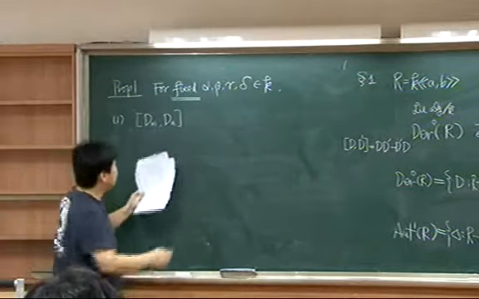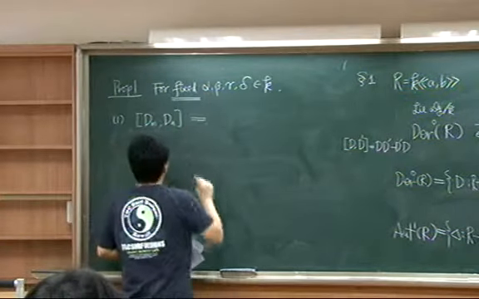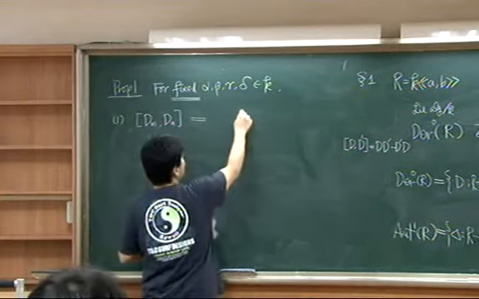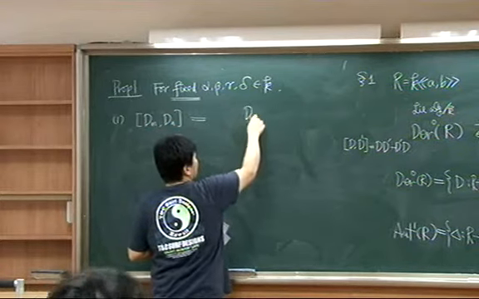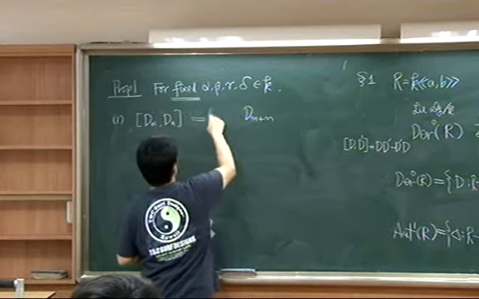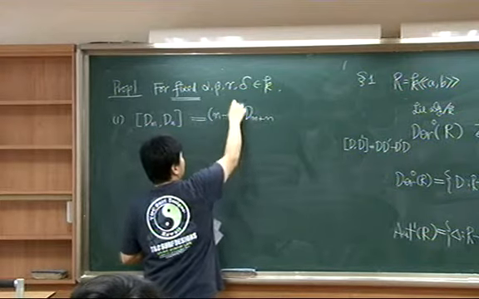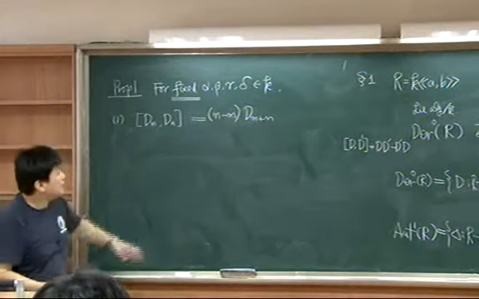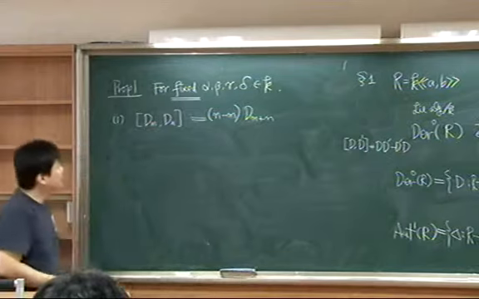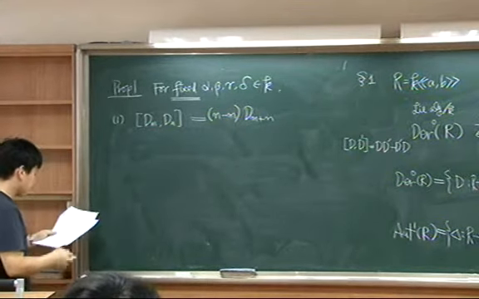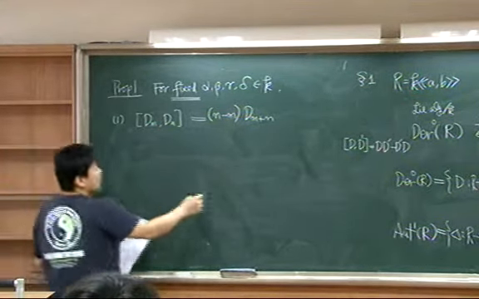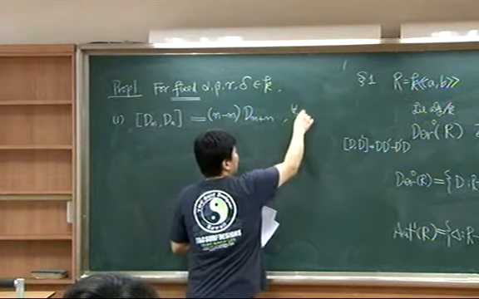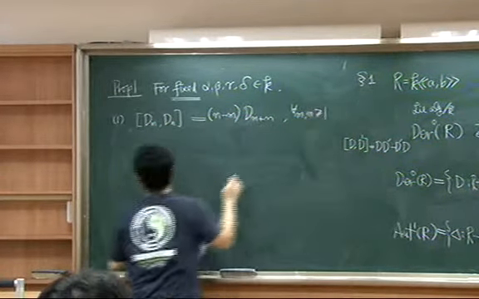This is also a derivation. But this derivation is just a scalar multiple of d n plus m, for m and n larger than 1.